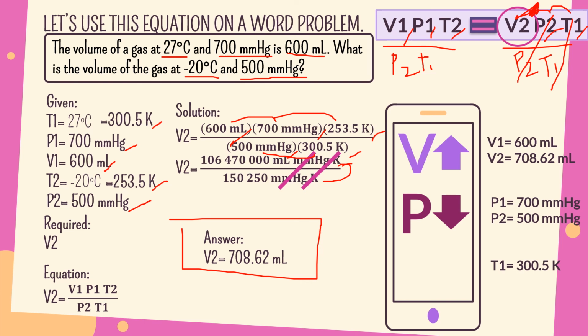For the temperature, from 300.5 Kelvin, it changes into 253.5 Kelvin. So our temperature also decreases. So volume is inversely proportional to pressure. So as the volume increases, pressure decreases. While pressure and temperature are directly proportional: as the pressure decreases, the temperature also decreases.